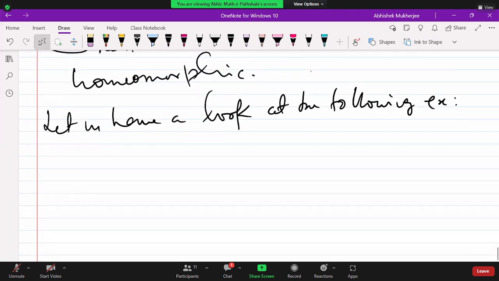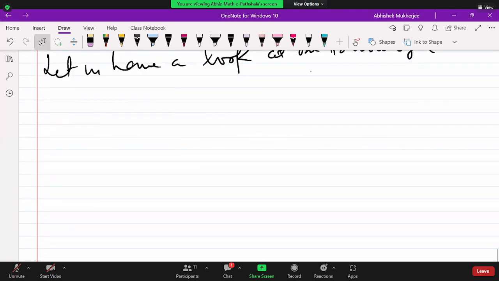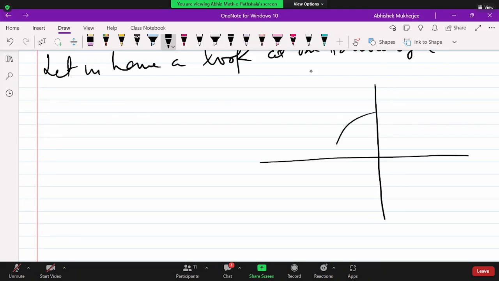Okay. Suppose you are considering the unit circle. Okay. So this is S1. And we know that there is a continuous surjection.